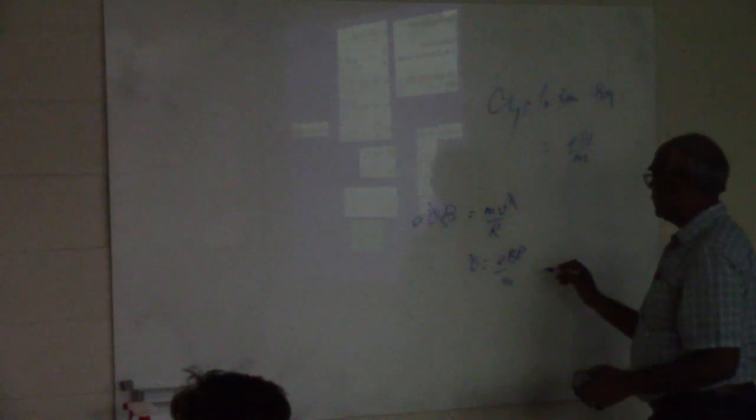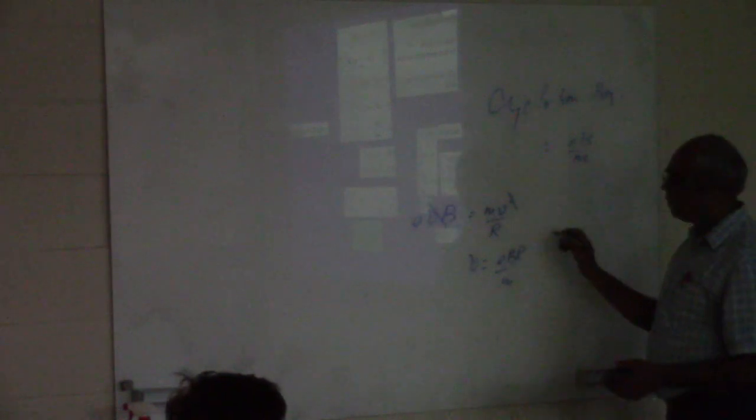Then v over R means omega, since v equals omega R. If you plug that in, you get this.